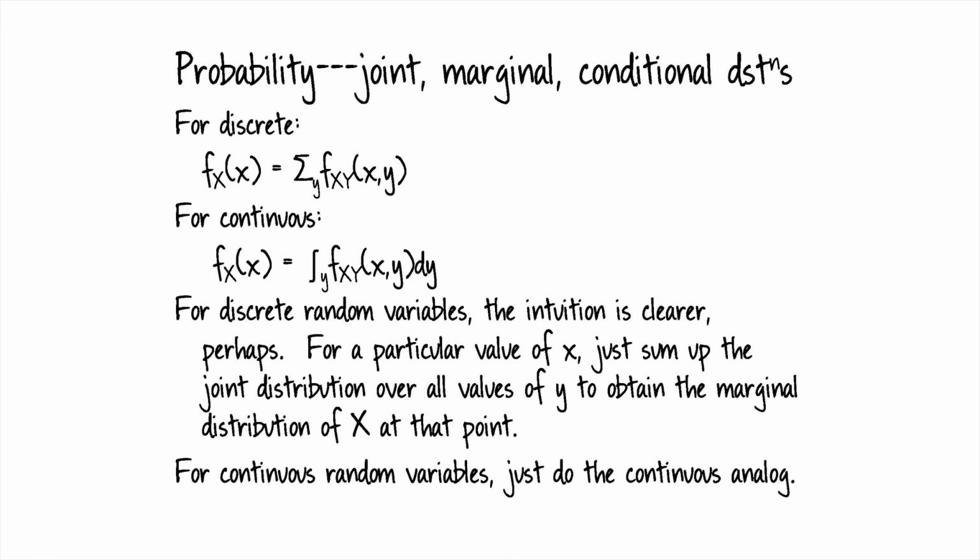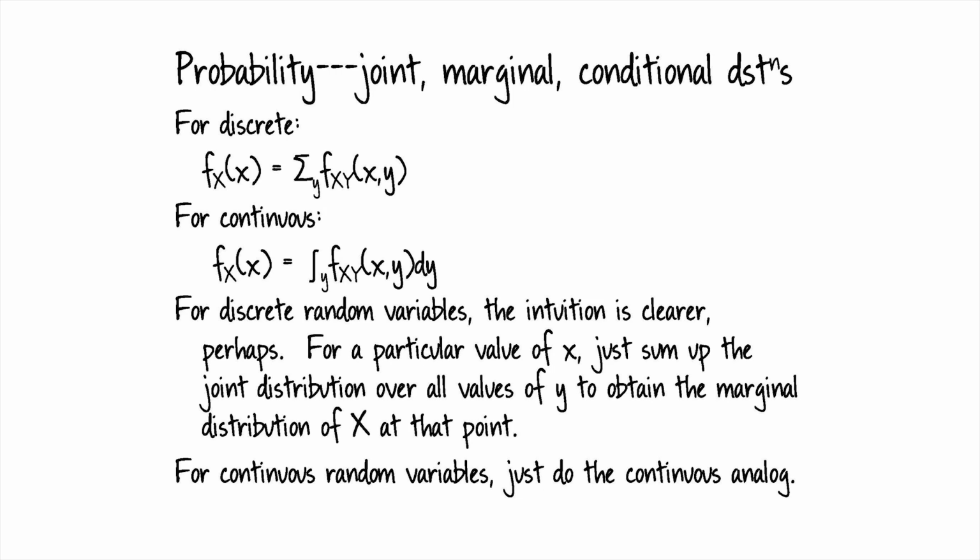So what's the intuition behind this? Well, for discrete random variables, for a particular value of x, we just want to sum up the joint distribution over all the values of y to obtain the marginal distribution of x at that point.